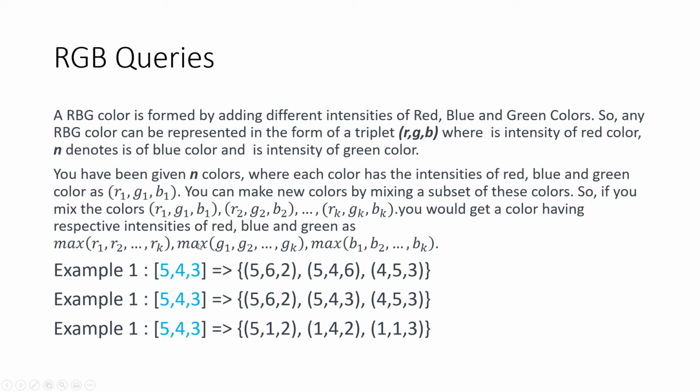Since it takes the max, any color we mix can have 5 as the maximum value for R, 4 as the maximum value of G and 3 as the maximum value of B. Here we have two colors with 5, but if we take these two colors, our G value becomes 6 and B value becomes 6. So we can't use these two.